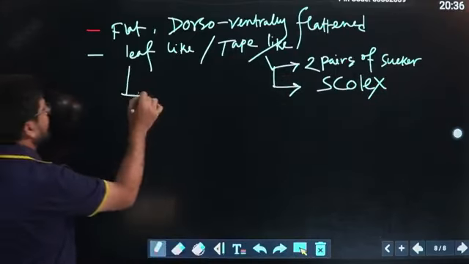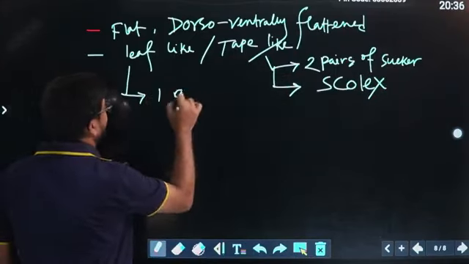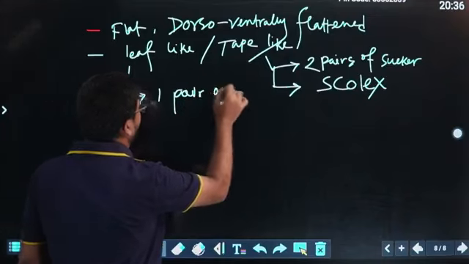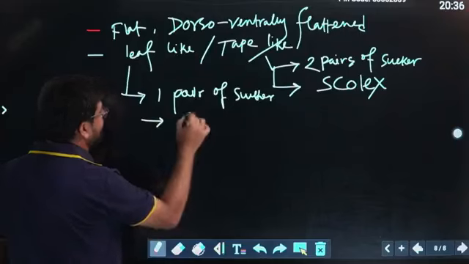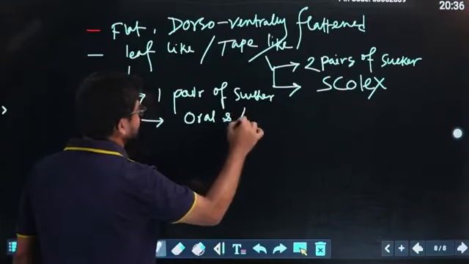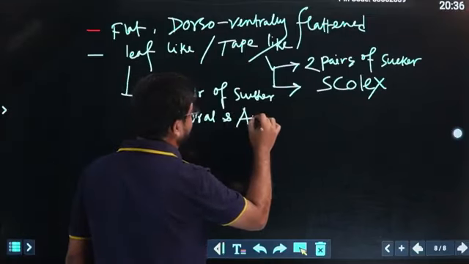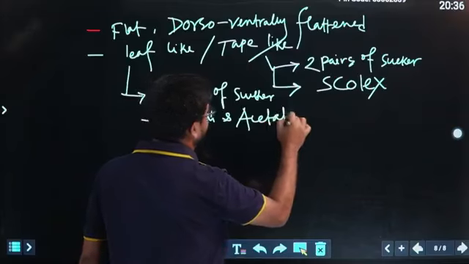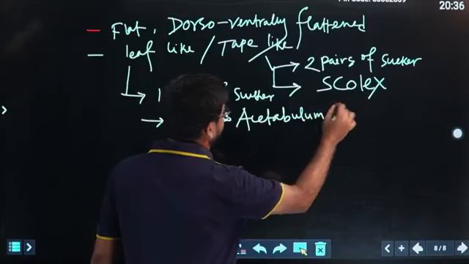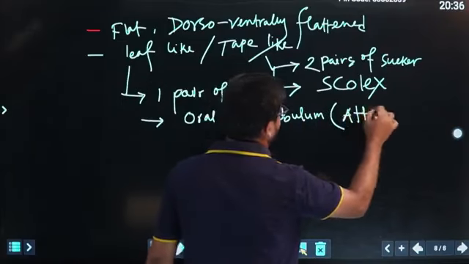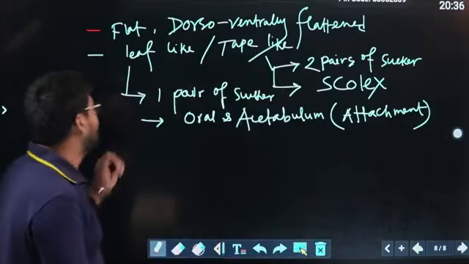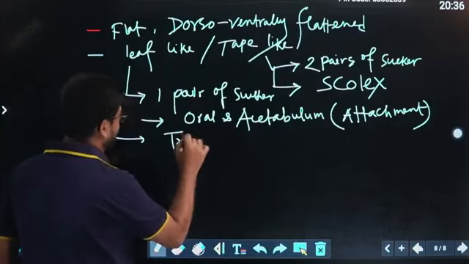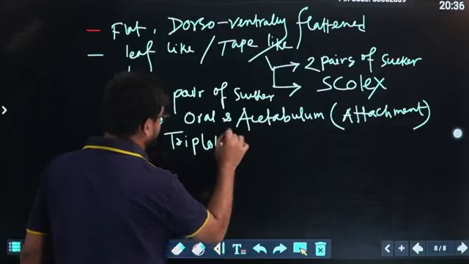But leaf-like animals have a pair of suckers, and these suckers are of two types, oral and acetabulum, which is in the ventral. This acetabulum helps in attachment. Next, it is triploblastic.